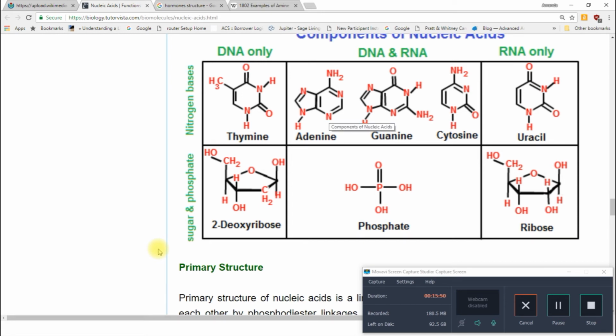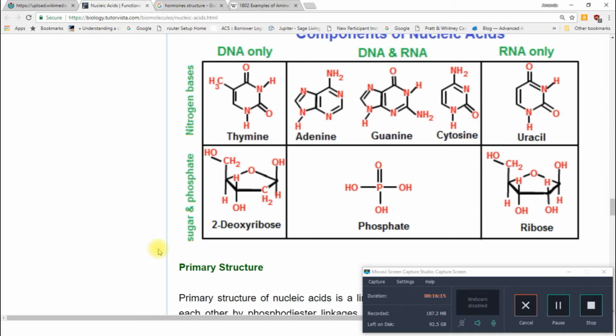All right, so this chart is nice because it compares different kinds of nucleic acid properties. So we talked in class that the difference in DNA is that you're missing an OH right there on that second carbon. So in RNA, it has an OH right there. That's one of the main differences between them.